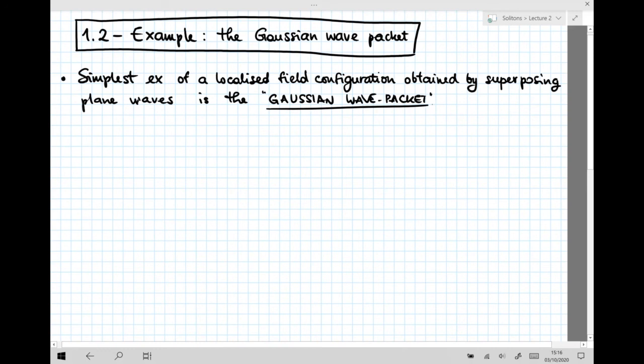So in the plane wave, we had to specify the coefficient in the integral over Fourier modes, the integral over k. And so in particular, we'll take the function f of k equal to e to the minus a squared times k minus k bar squared in equation 1.6. So let me remind you what equation 1.6 was.